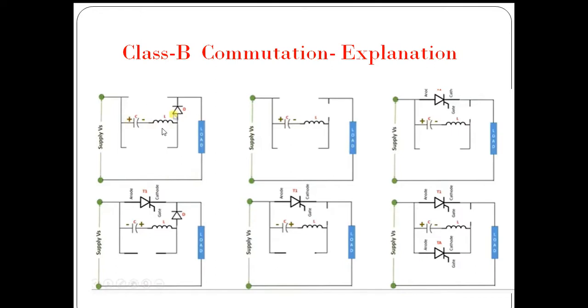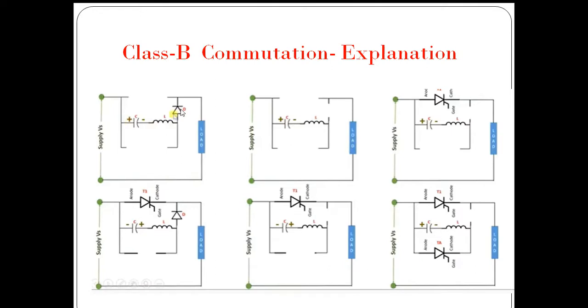And with this reverse biased capacitor, here we are having a diode. This diode is subjected to forward bias. Positive terminal will be connected to the P layer of the diode and negative terminal will be connected to the N layer of the device. Because of this forward bias, the diode will conduct and it will apply reverse bias across the main thyristor T1.